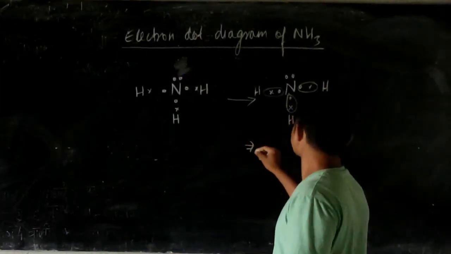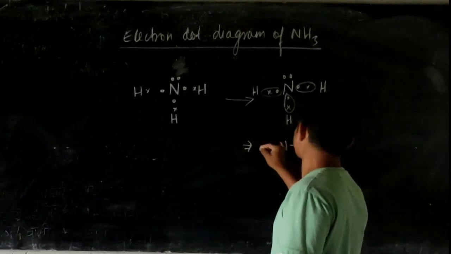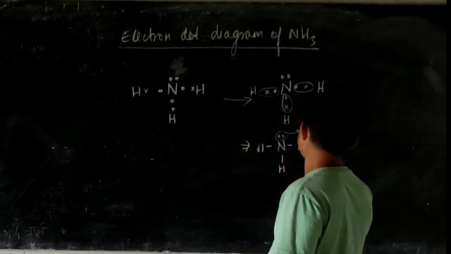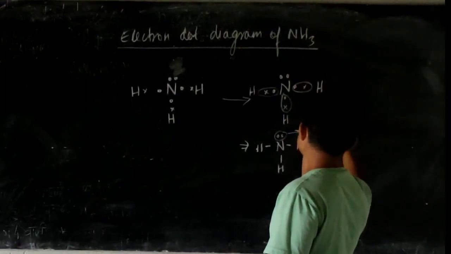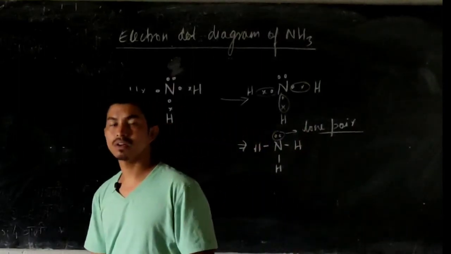After combination I can write NH3, with H here, H here, and the unshared pair of electrons that is left behind is known as a lone pair, which will come in the next topic.